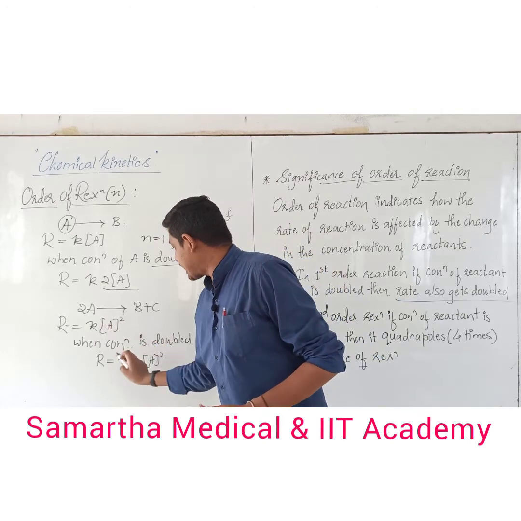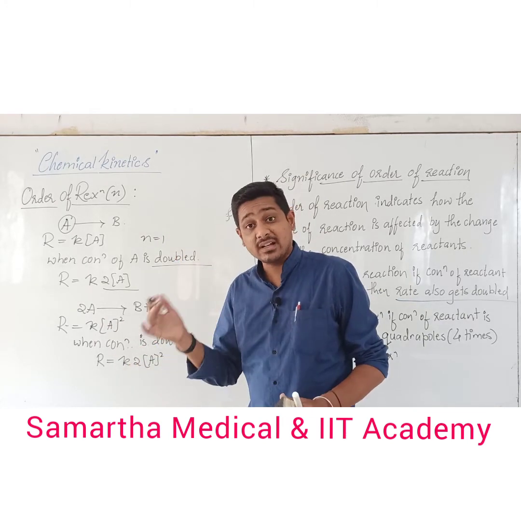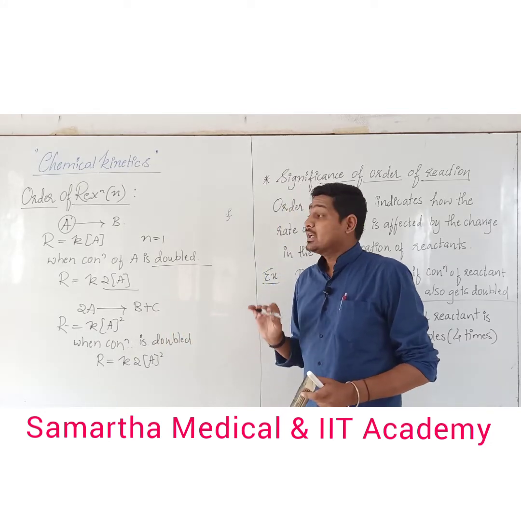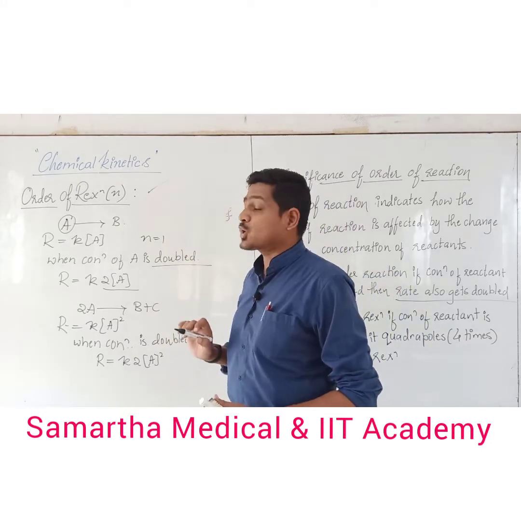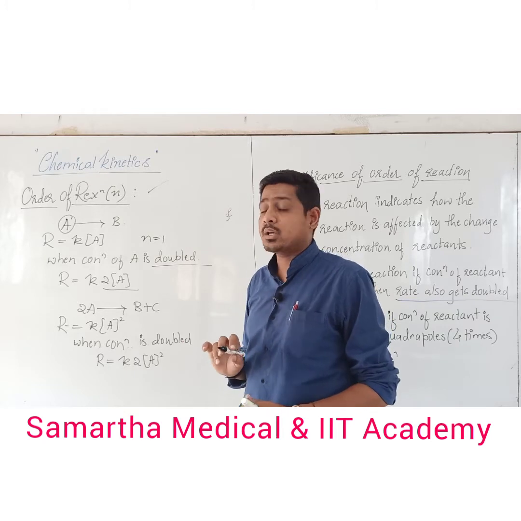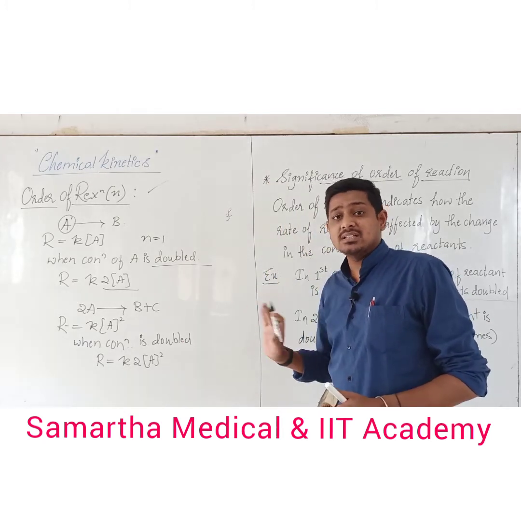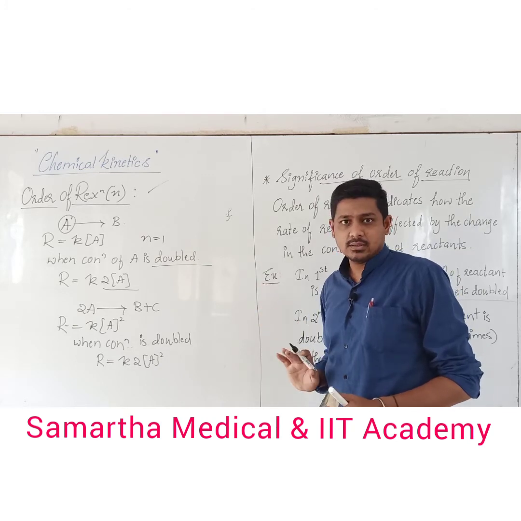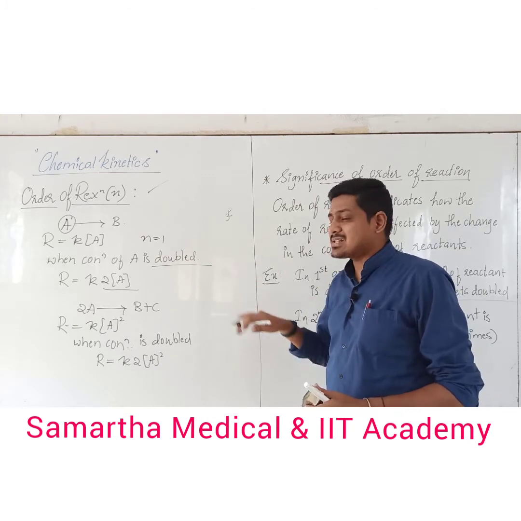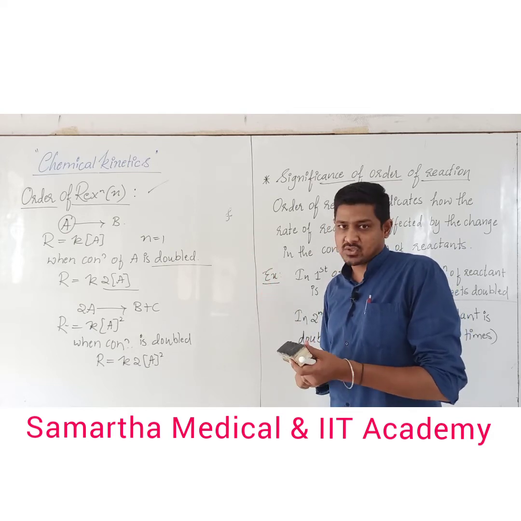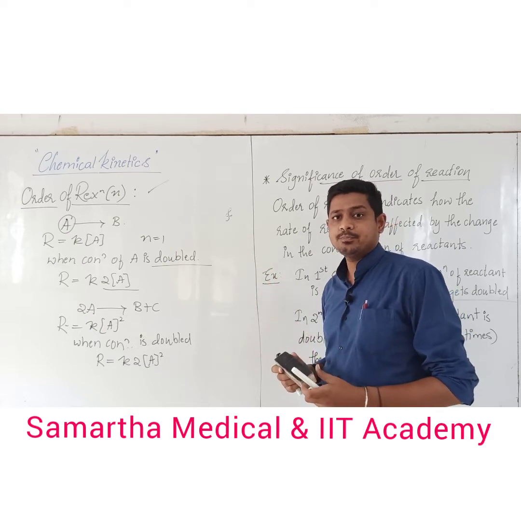Then you have to multiply here by 3. I hope you are getting it. So this is the significance of the order of the reaction. Order of a reaction clearly tells us how the rate of a reaction is affected by the concentration of the reactant. Okay, now we shall see some of the examples for first order, second order, zero order and fractional order reactions.